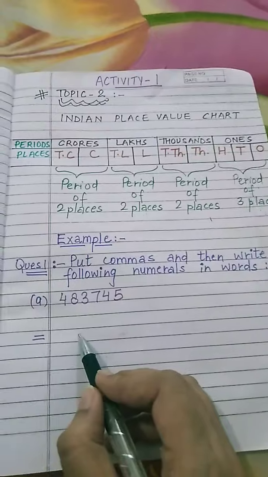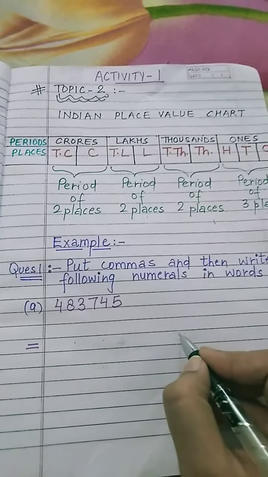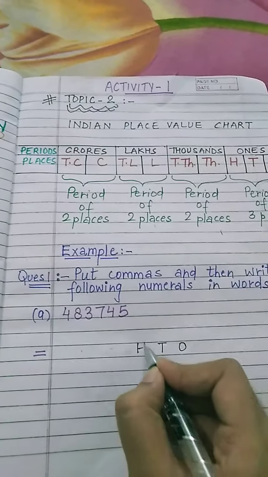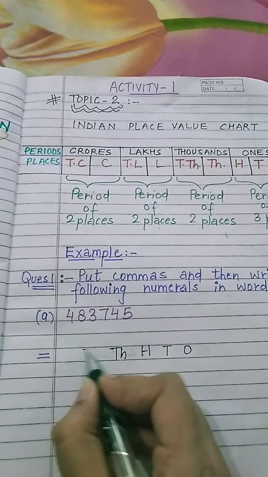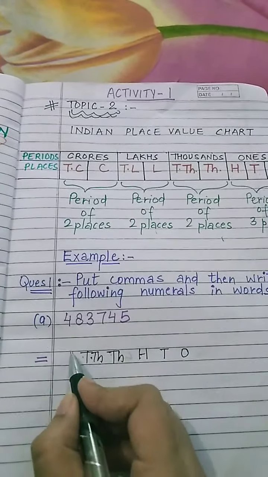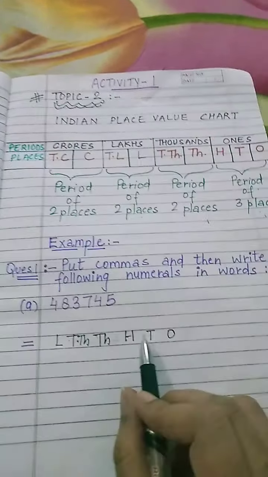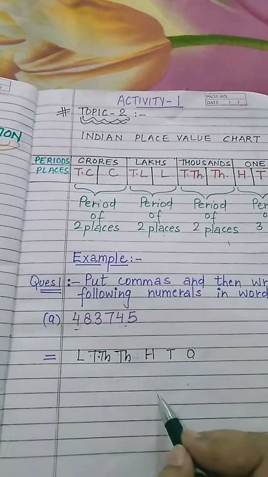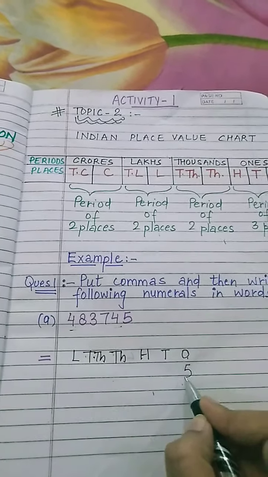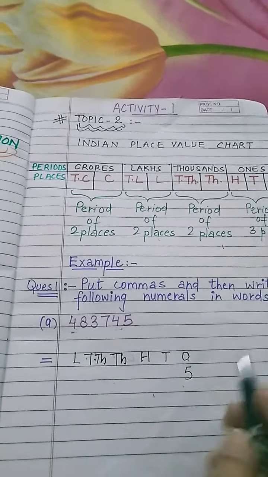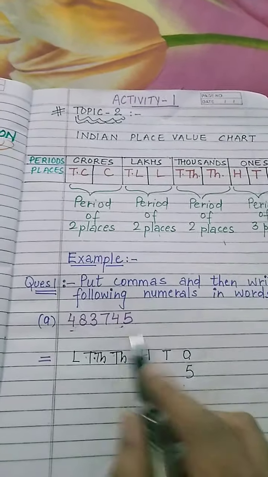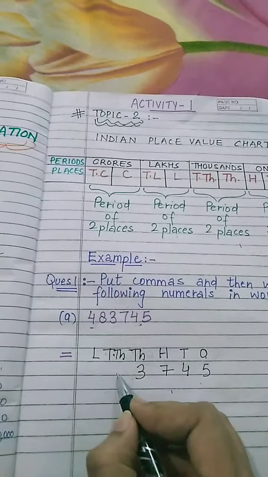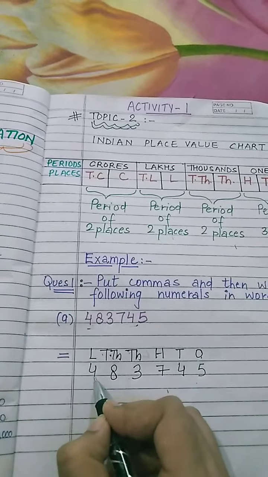So first of all, we'll write the place value chart, that is ones, tens, 100, 1000, 10,000, lakh. Now we will put all the digits under each place, like 5. Starting from, always we have to start from right. 4, then 7, then 3, 8 and 4.